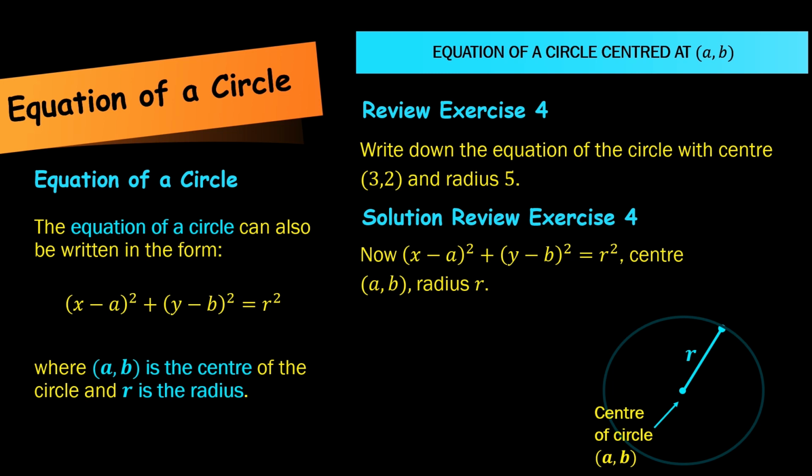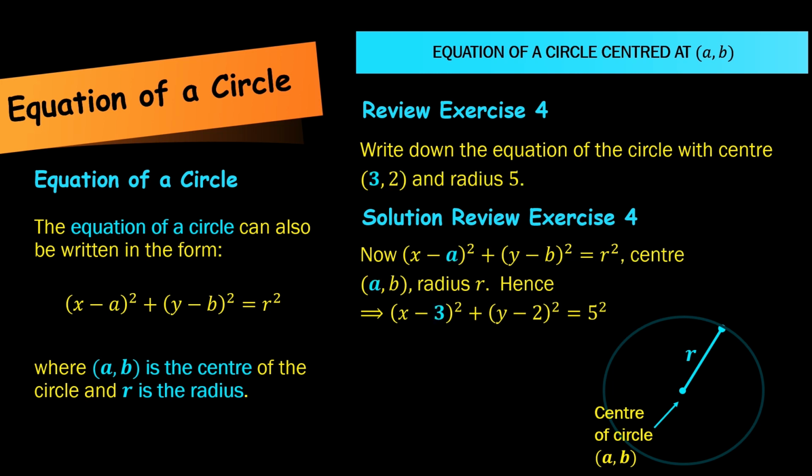Since (x minus a) all squared plus (y minus b) all squared equals r squared has centre (a, b) and radius r, we replace a by 3 and b by 2 and r by 5 to give (x minus 3) all squared plus (y minus 2) all squared equals 5 squared, which gives (x minus 3) all squared plus (y minus 2) all squared equals 25.